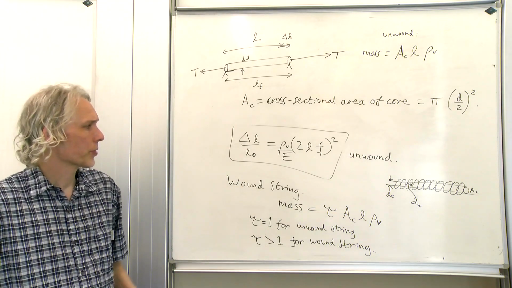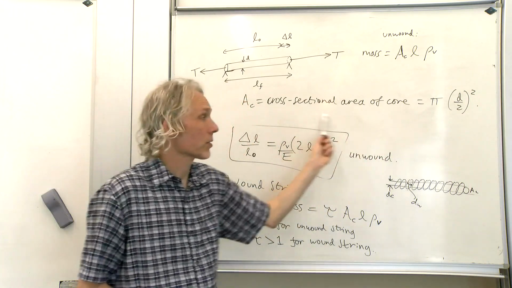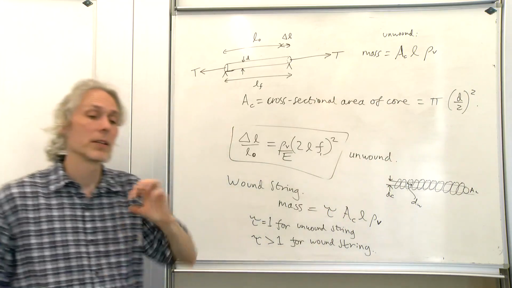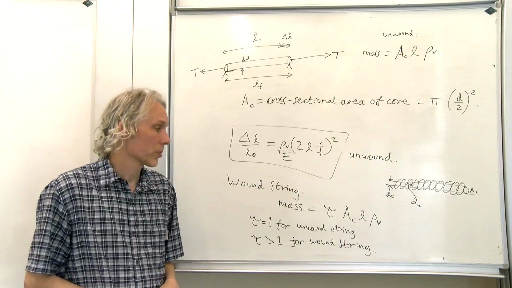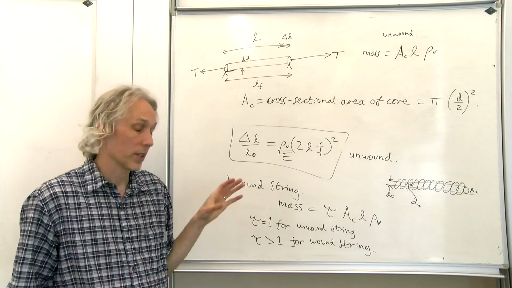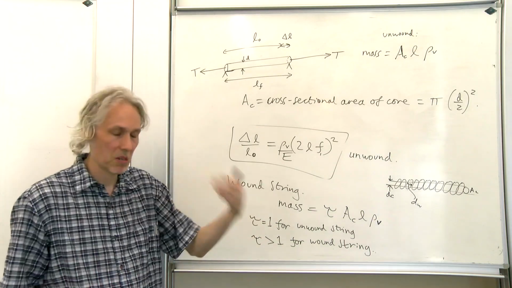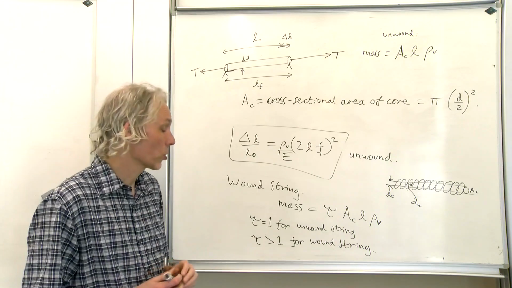Okay, so far this AC is assuming that the core is cylindrical. In real life, the core might be hexagonal. That's what I use when I'm specifying strings. I use a hexagonal core because it grips the windings better. Different cores are possible.